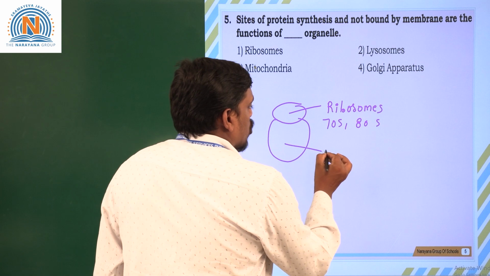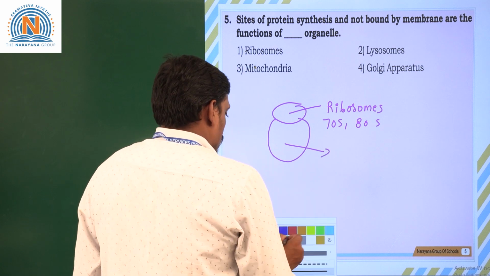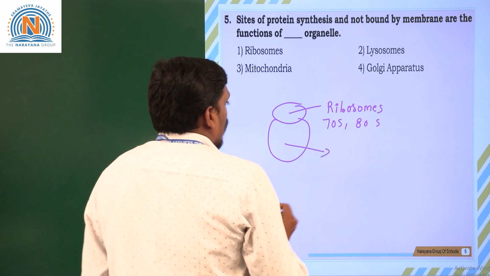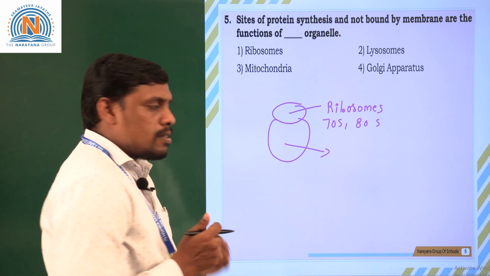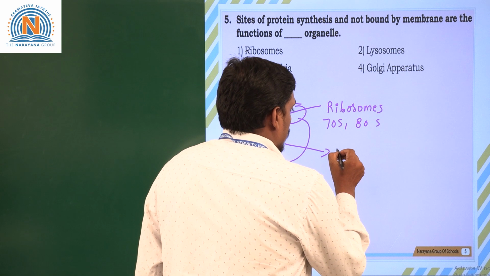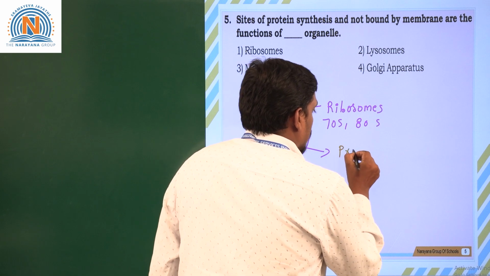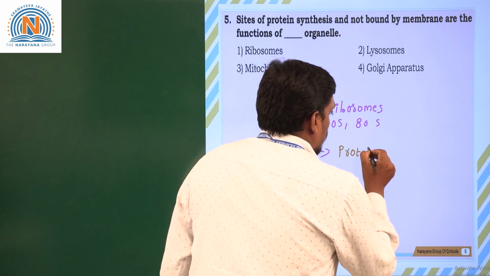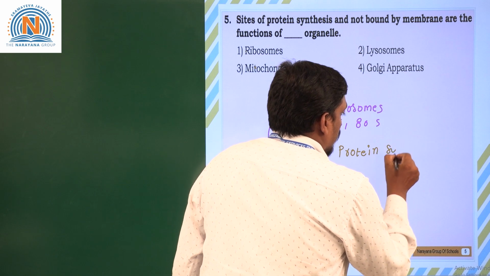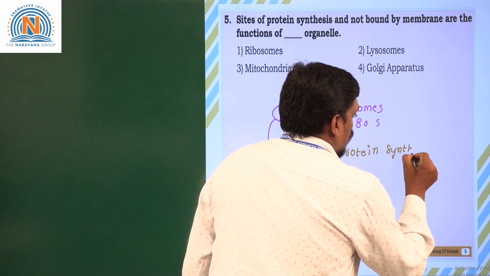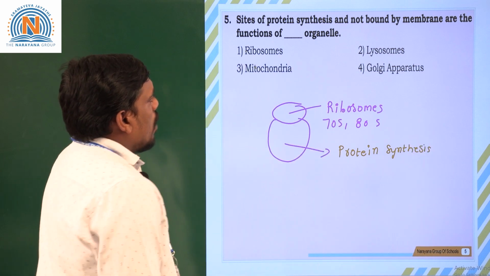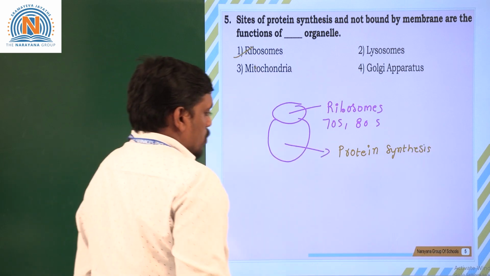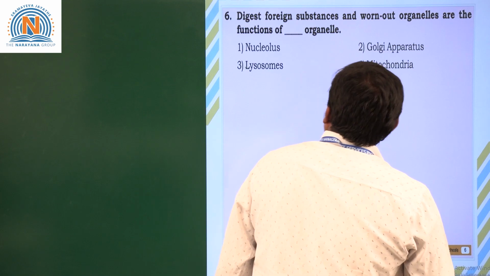The major function of a ribosome is protein synthesis. So protein synthesis is considered the major function of the ribosomes. That is important. So our answer is option 1, the correct option.